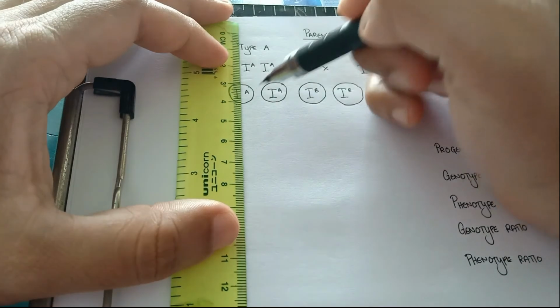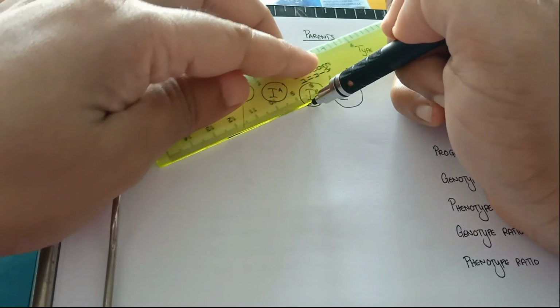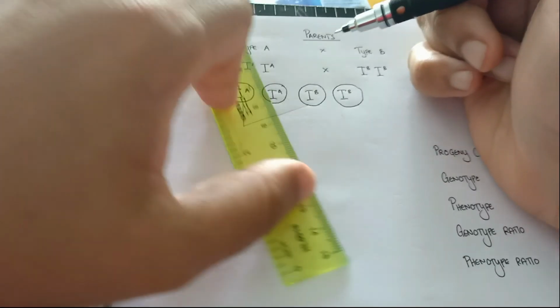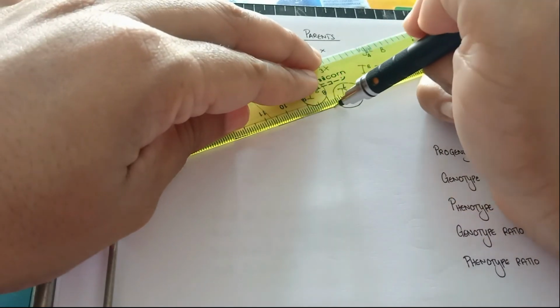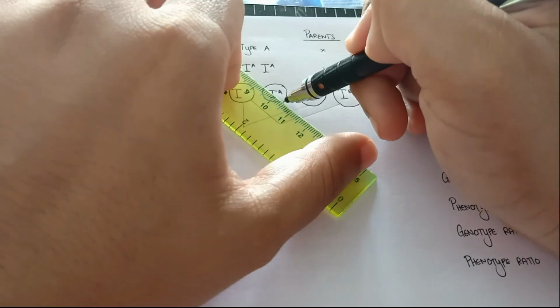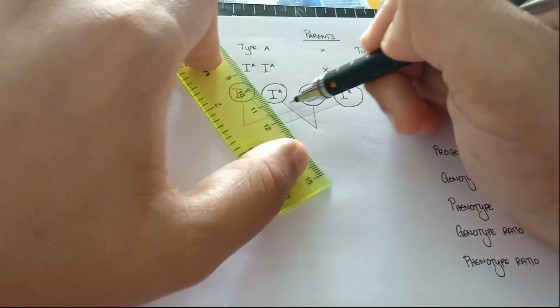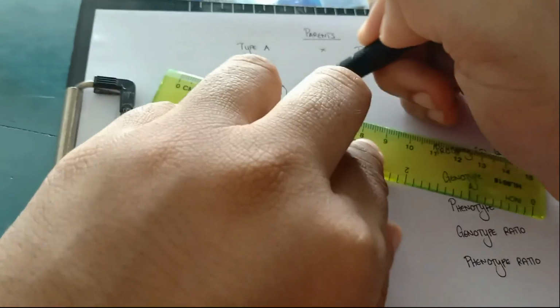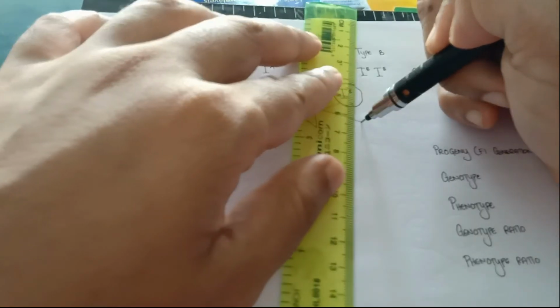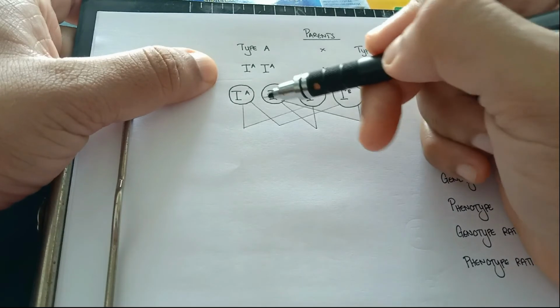Second step, you do the 1 and 3, and then the 1 and 4. Next you have the 2 and 3, and then the 2 and 4. Now once you have this cross, write down the possible genotypes that you get, the probability.